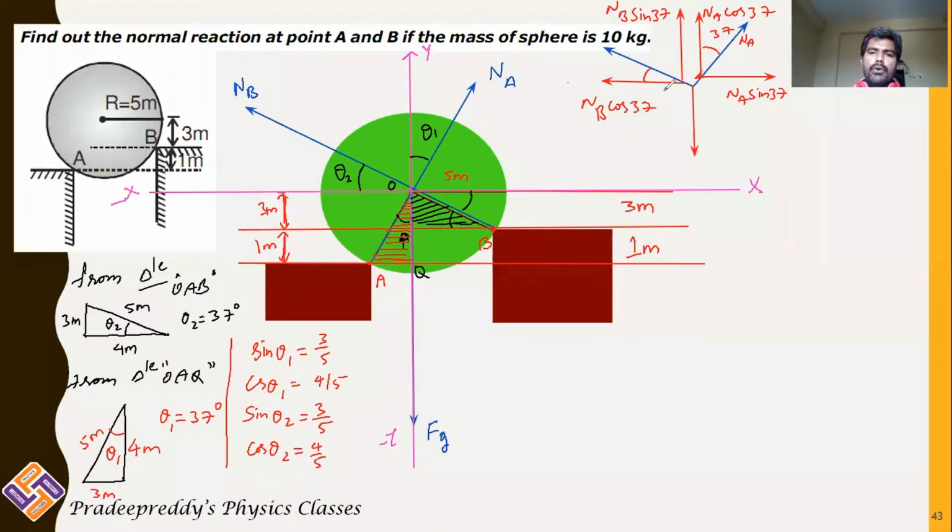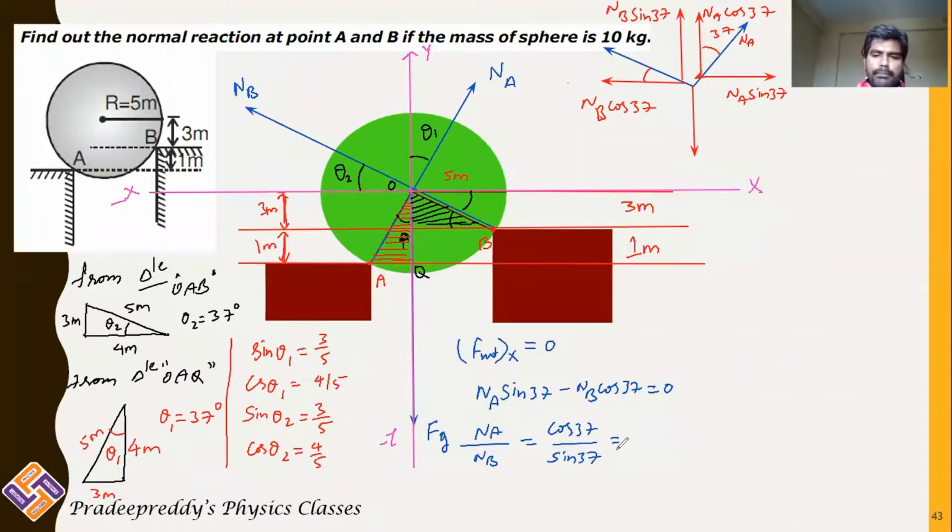Right? Now use the condition F net is equal to 0 along x-axis and y-axis. I'll write that here. F net along x-axis is equal to 0 because the whole body is in the rest position. F net along x-axis, that is NA sin 37 minus NB cos 37 is equal to 0. NA divided by NB is equal to cos 37 divided by sin 37.